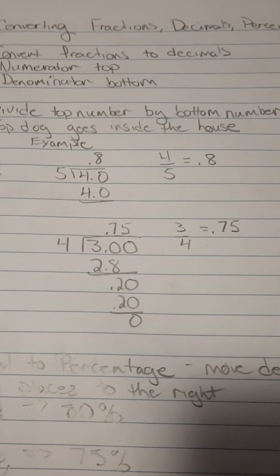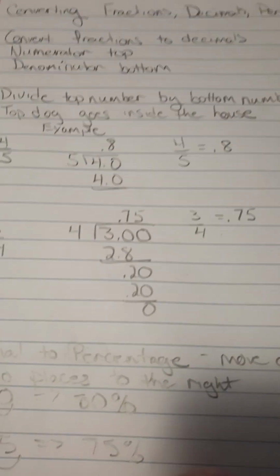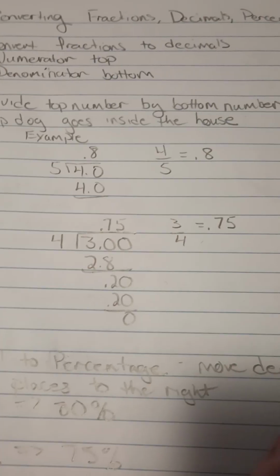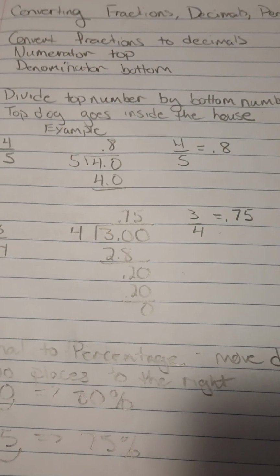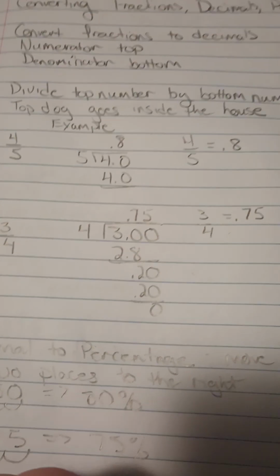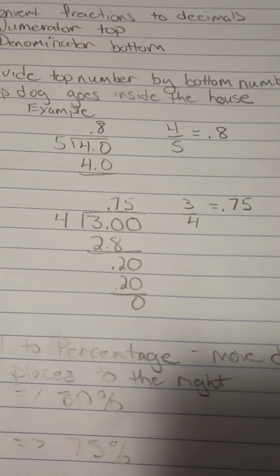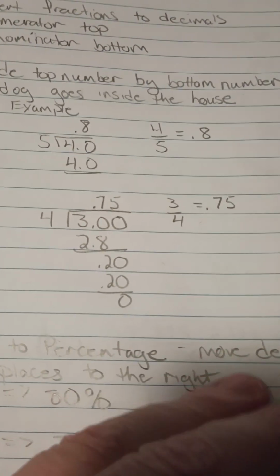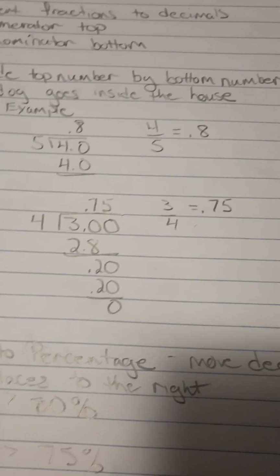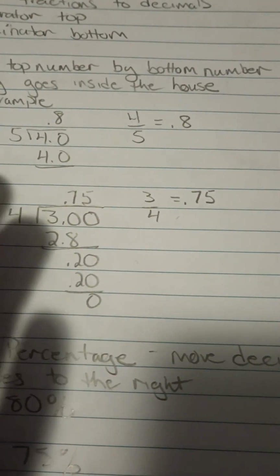So if I have 4/5 and I want to convert that to a decimal, then the 4, it's the top dog, it goes inside the house. And the 5, the bottom dog, is outside. So 5 goes outside the radical sign, and then I go, well, does 5 fit into 4 first? It doesn't. So then does 5 fit into 40?